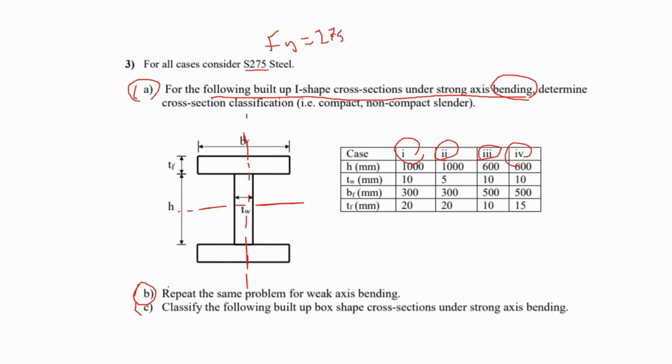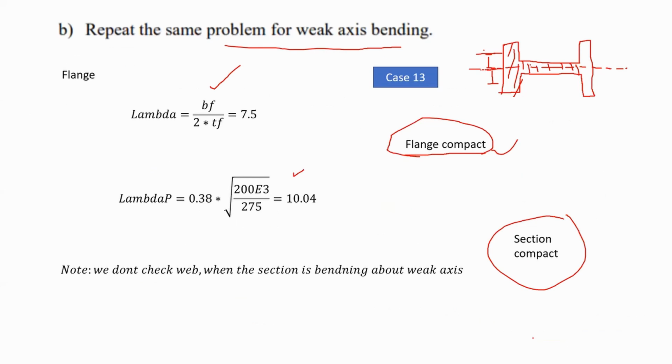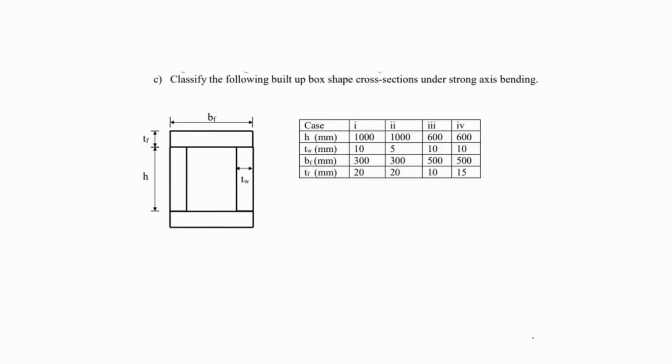All right, so in this question again, question 3, part C, it says classify the following built-up box shape cross sections under strong axis bending. Okay, so let's see. Now this time, instead of having a wide flange, I have this box shape, and it says classify it under the strong axis bending.